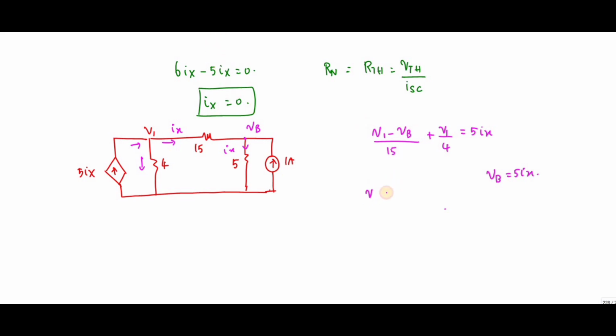So V1 minus VB by 15 plus V1 by 4, minus VB, is equal to 0. So this is 19 V1 by 60 minus 16 VB by 15, equal to 0.